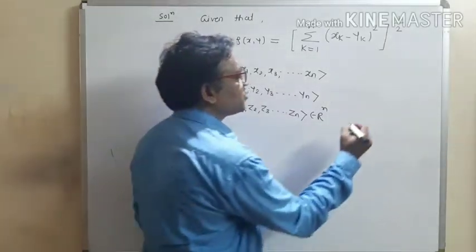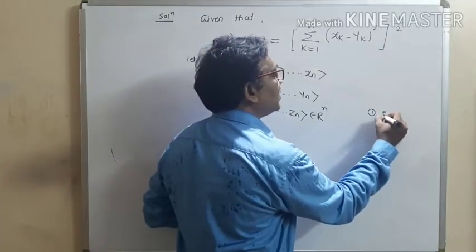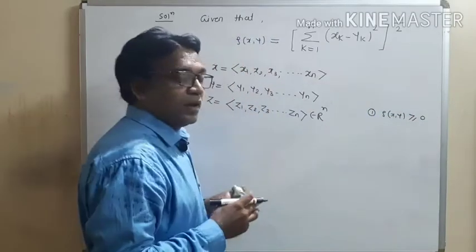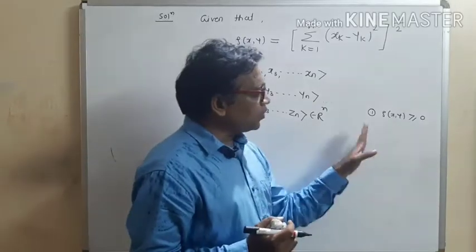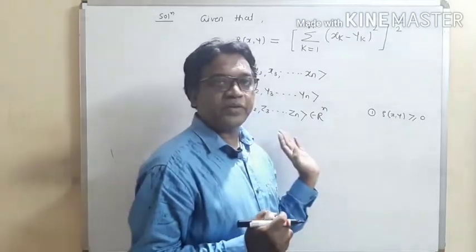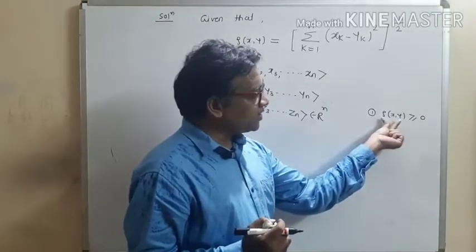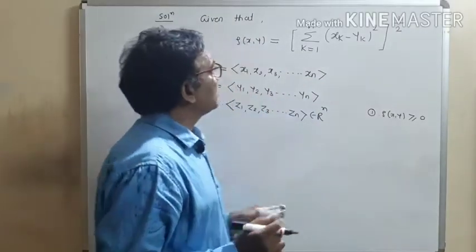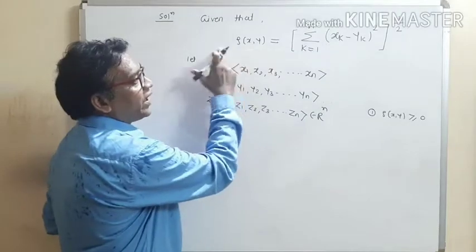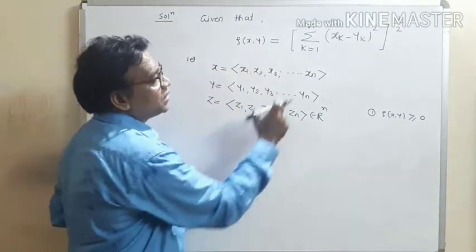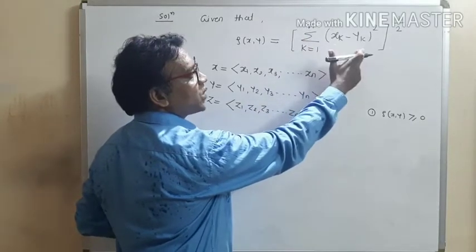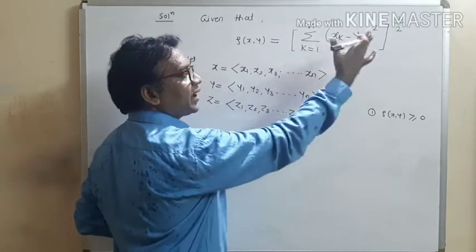What is the first condition? We want to show that the distance of xy is non-negative. Now see how to show that the distance of xy is non-negative. First of all, check this value. What is given? Rho of xy is equal to the summation, k varies from 1 to n, of (xk minus yk) whole square, raised to 1 half.